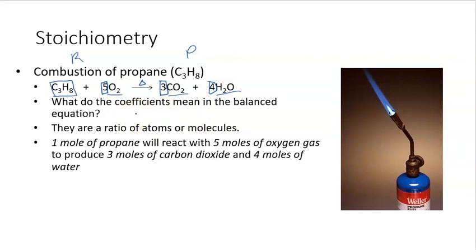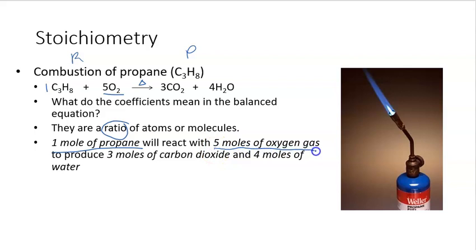But in the world of stoichiometry, one of the things we want to think about is a ratio. Okay? So in the case of the combustion of propane here, the ratio that we're talking about is we have essentially 1 mole of propane. In order to completely burn up or combust 1 mole of propane, we need 5 moles of oxygen gas.